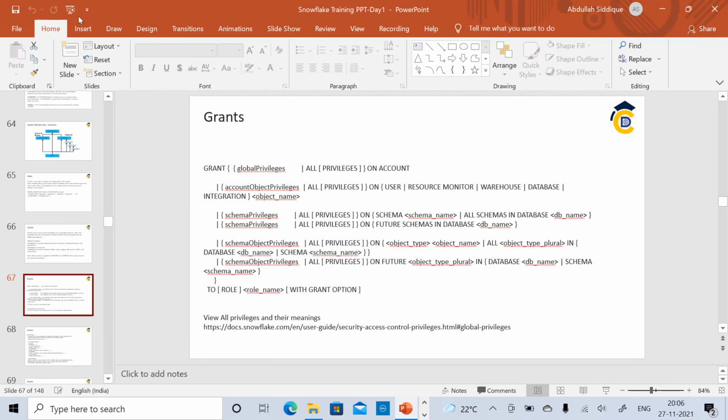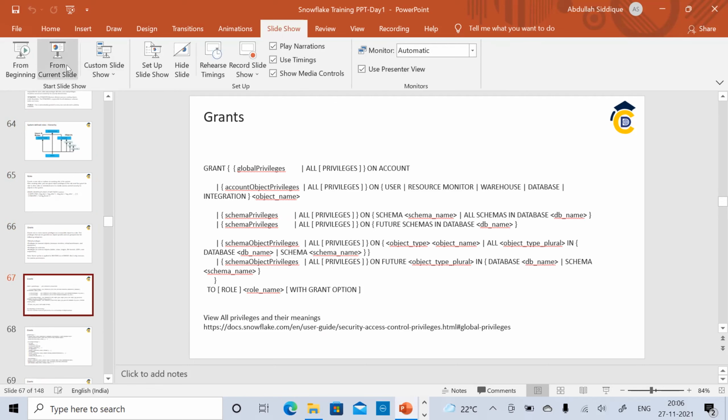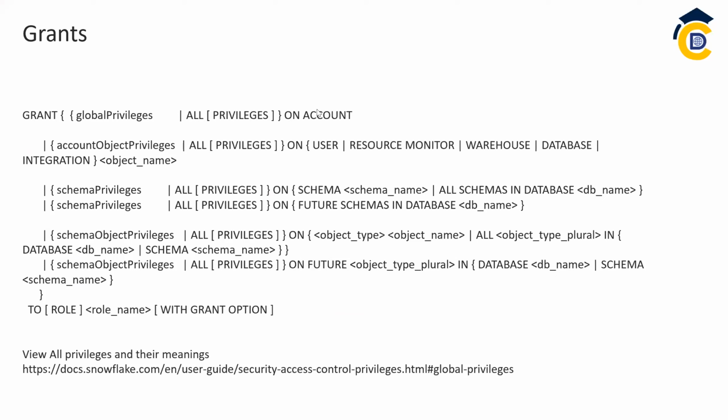Okay, so let's begin with the syntax. So yeah, it's grant privileges. Okay, so as you can see, where it is mentioned as ON, this is the level on which you're going to give the privilege.